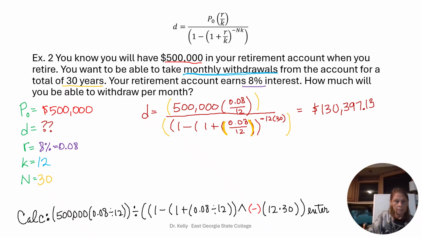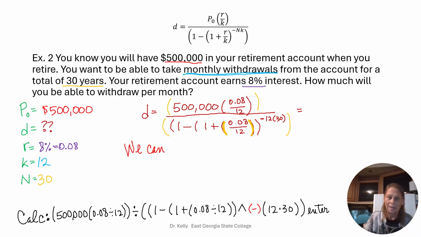And our sentence will be, we can withdraw... Oh, I wrote the wrong answer down, y'all. Woo! See, I was using my reasoning. I was like, that doesn't make sense. We can't keep on taking $130,000 a month out when we only started off with $500,000 and do that for 30 years. I mean, that doesn't make sense.